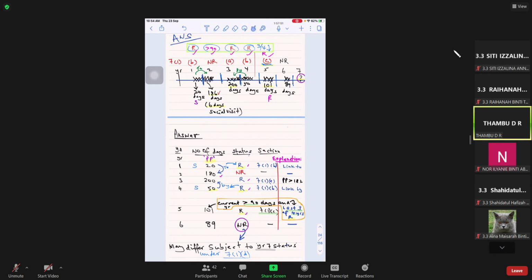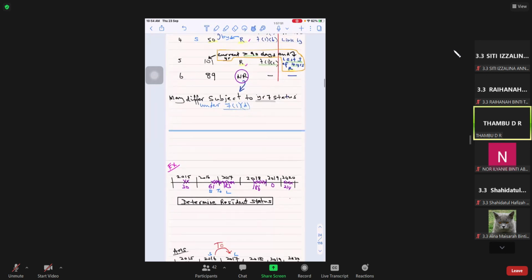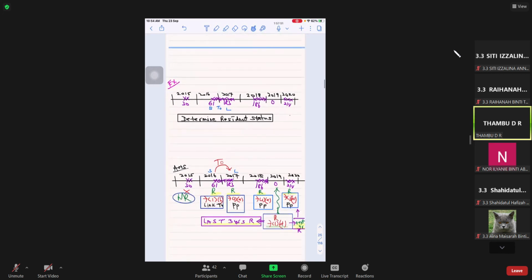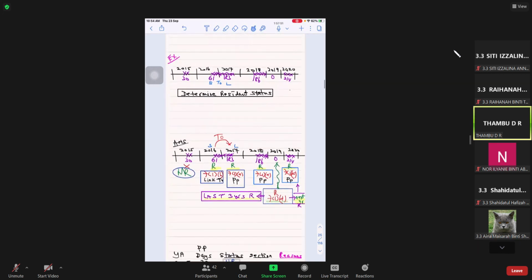So just now you said below, which one, look. This one, right? Yes. This one, year 2, a short period is connected to a long period. Look, this is link 2.